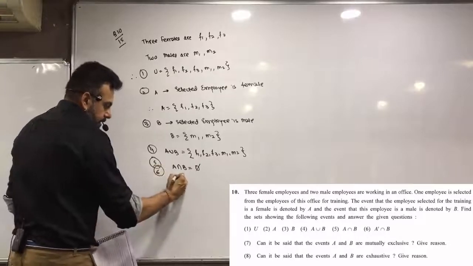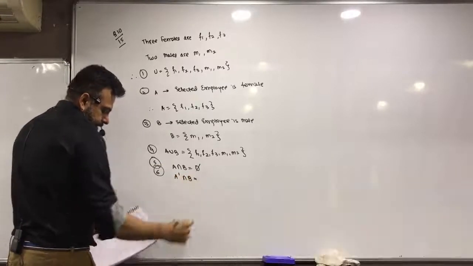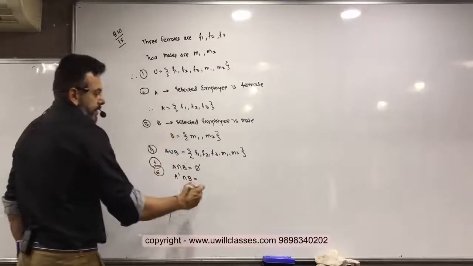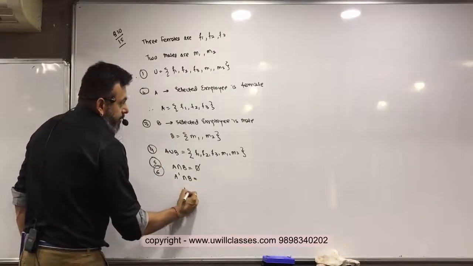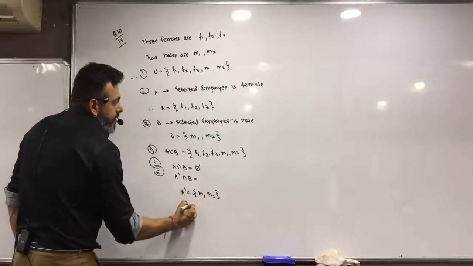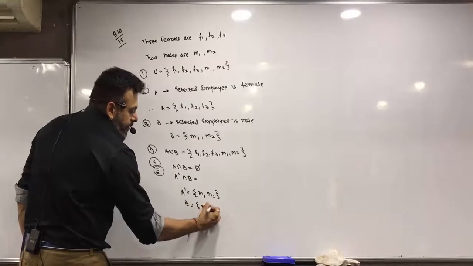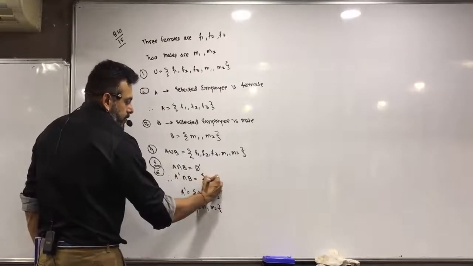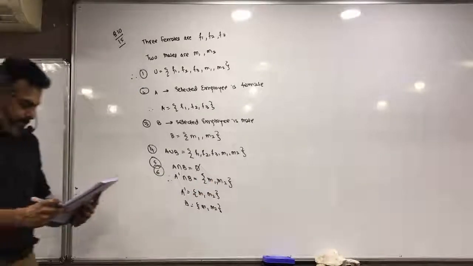Sixth, A complement intersection B. First, what is A complement? Let's find out. A complement is equal to M1, M2. And what is B? M1, M2. Therefore, it is equal to M1.